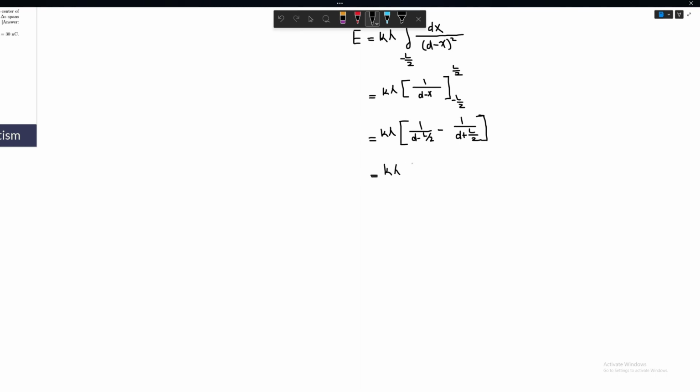So what I'll get is d plus L over 2 times the top, and then times the bottom, d minus L over 2 times d plus L over 2, all this minus d minus L over 2 multiplied by the top as well.